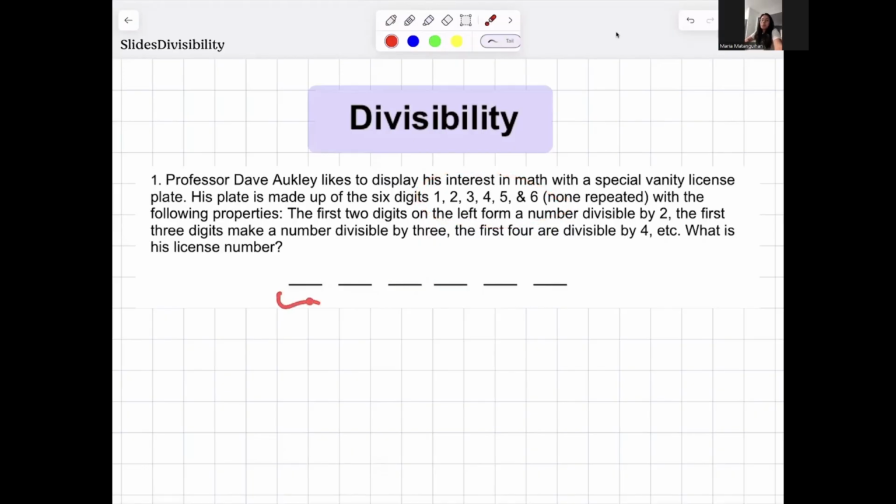The first 2 digits are divisible by two, the first 3 digits are divisible by three, the first 4 digits are divisible by four, and the first 5 are divisible by five. And of course, the whole thing should be divisible by six. We want to figure out what Dave's license plate number is.